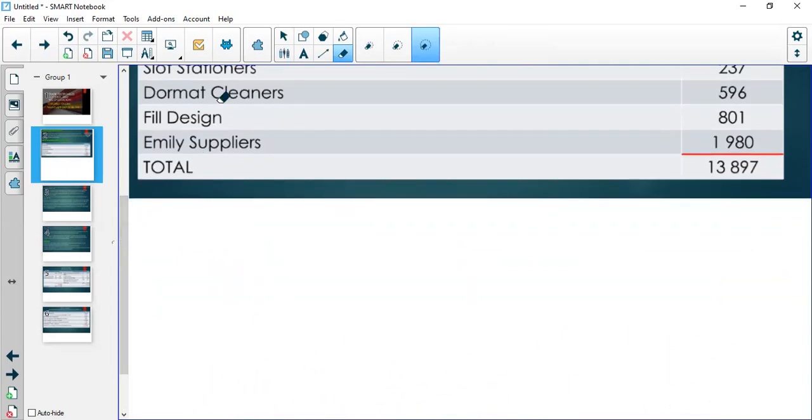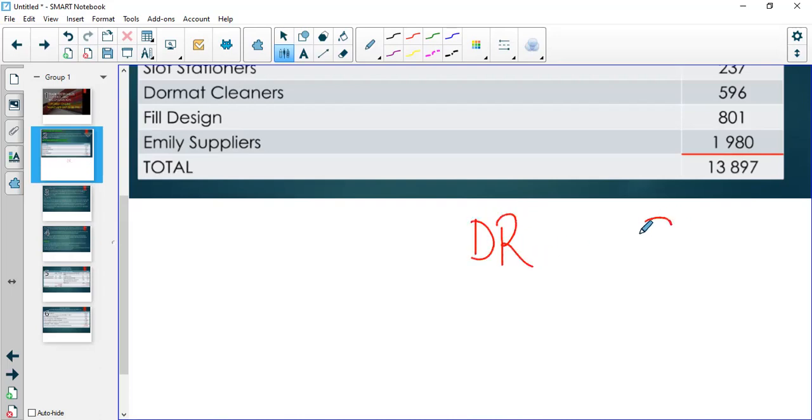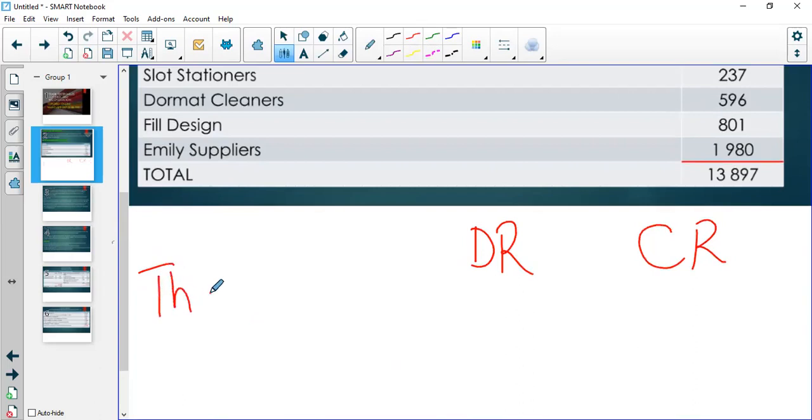So what happens is that when we make a sale on credit, say we sell to a customer called Tato, I'm going to explain how it actually happens in the real accounting world.